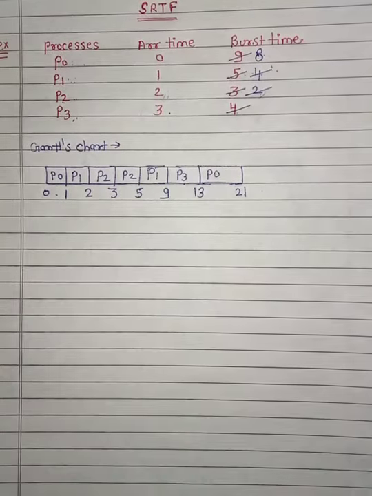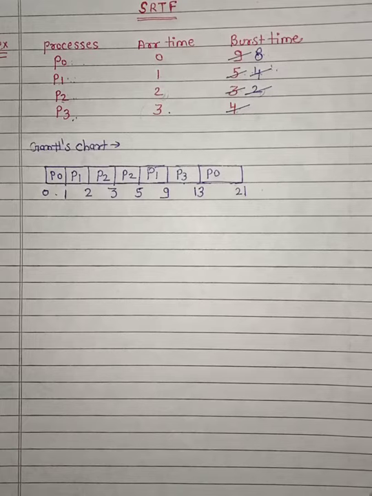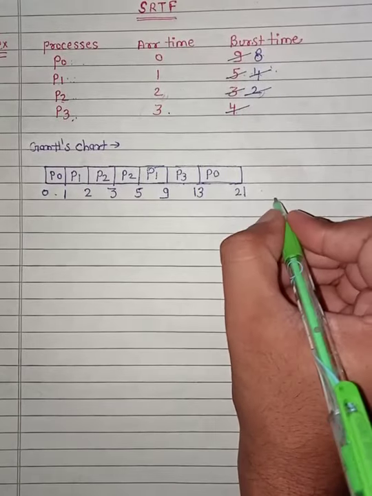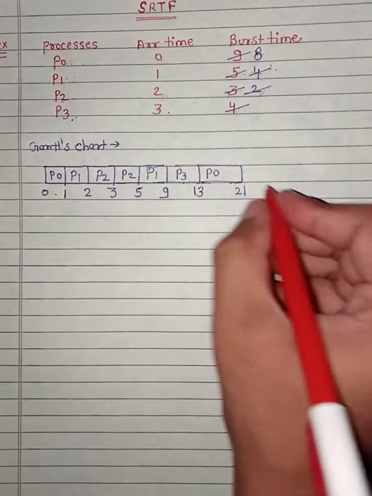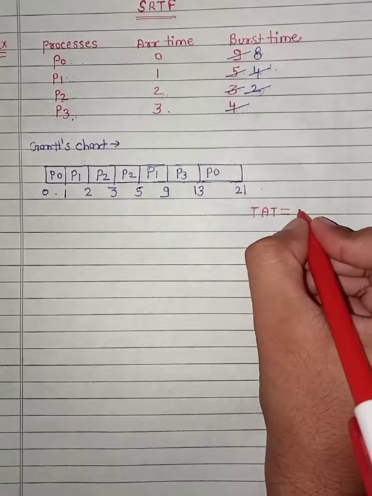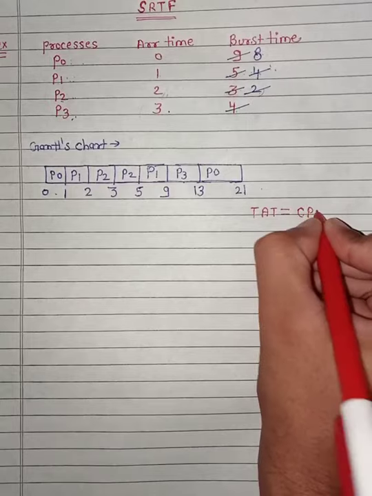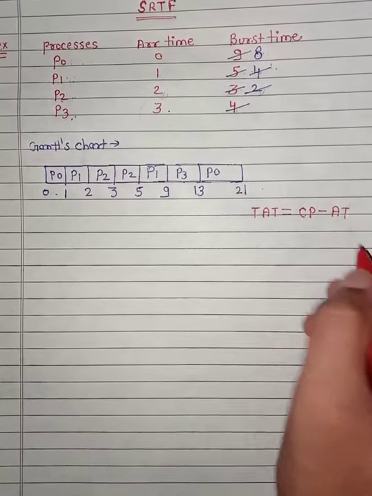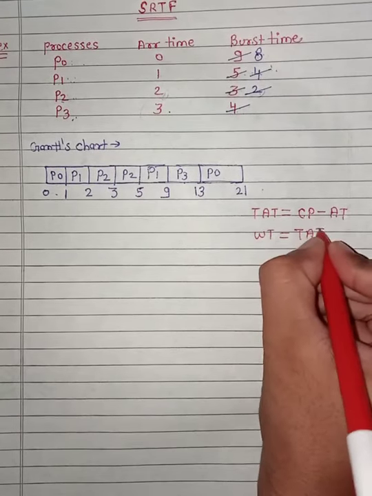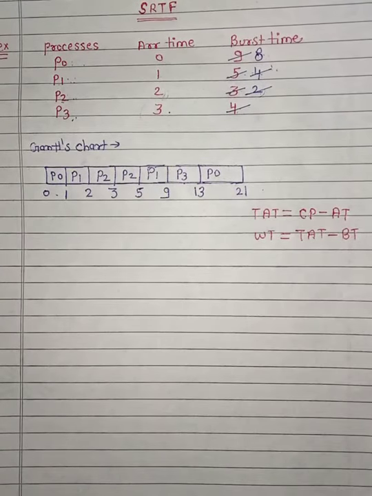So this kind of question can also be asked, and we have to find the waiting time and turnaround time of each process. So we can use a formula now for finding the turnaround time of any process. It can be found as completion time minus arrival time of that process, and the waiting time can be calculated as turnaround time minus burst time of that process.